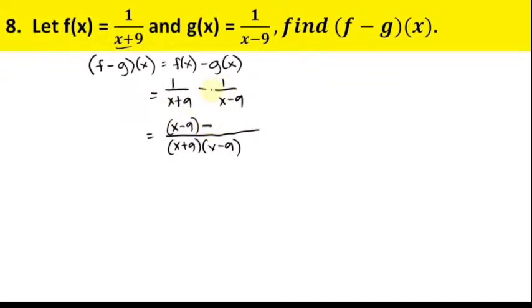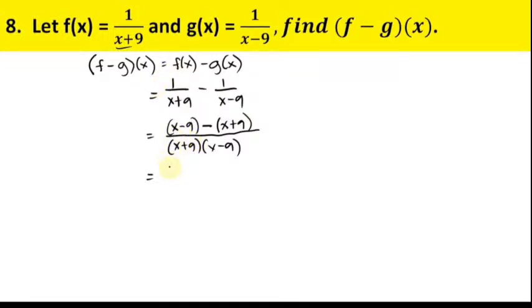Subtract ito, x plus 9 times x minus 9, i-divide natin yan sa x minus 9, so ma-eliminate yung x minus 9, so remaining value is x plus 9 times 1, still yan pa rin ang sagot. Pwede rin i-cross multiply mo yan using butterfly method.